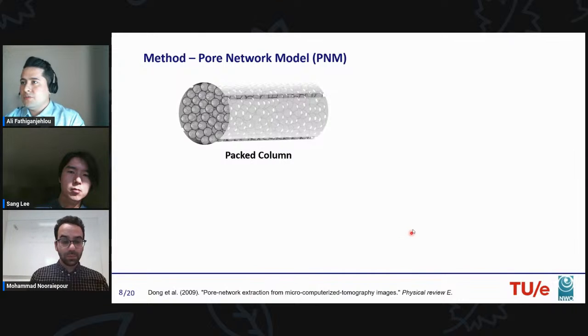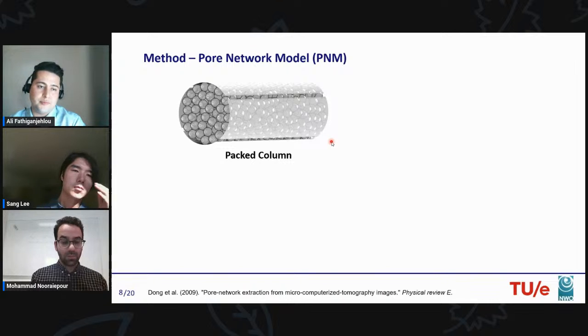The numerical method we use is the pore network model, or PNM. PNM simplifies the 3D complex porous structure into a network of pore bodies and throats. The first step in pore network modeling is to extract the pore network from a 3D image, and this 3D image can be obtained using MRI.